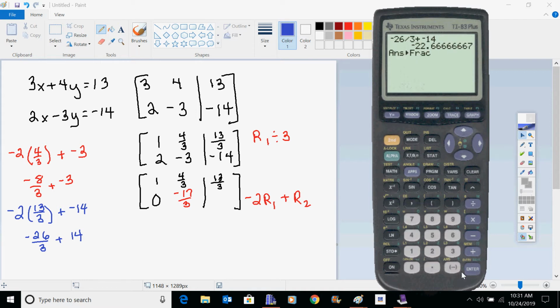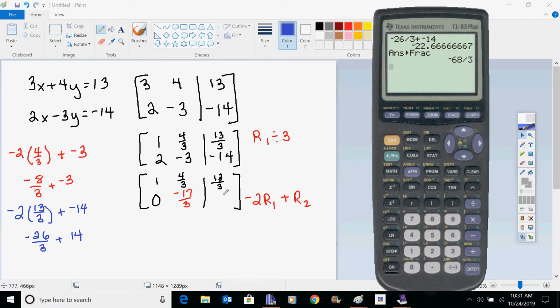Fraction. -68/3. What is it? I said, how did you get -17/3? Because -8/3 plus -3. Okay, I'm going to write this one down and then I'll get back to that question in a second.